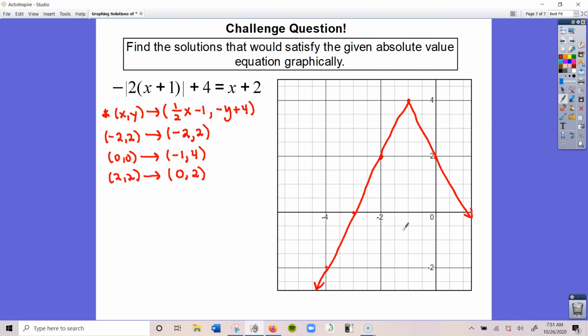Now I'm ready to graph the x plus 2. When I look at the line, the 2 is my y-intercept. And then my slope is 1, meaning go up 1, right 1. And in the other direction, it would be down 1, left 1, down 1, left 1.